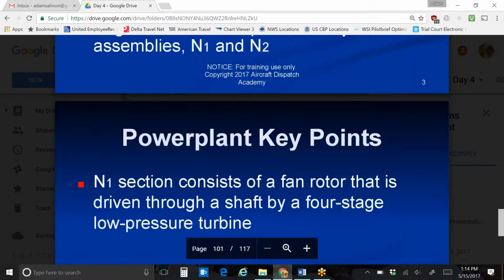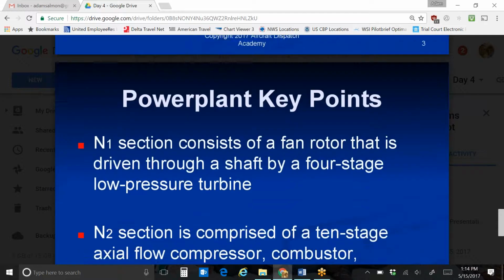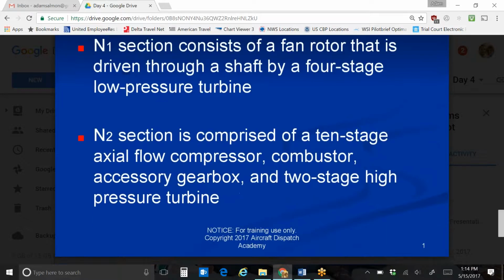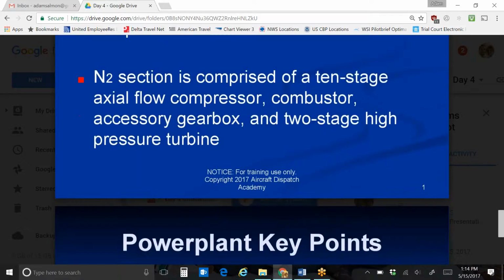You don't necessarily need to go into too much detail and know a lot about that. Know the difference between N1 and N2 though. Those are the different parts of the engine. And that's found right here on this page.